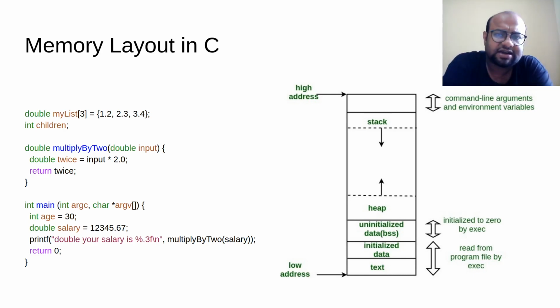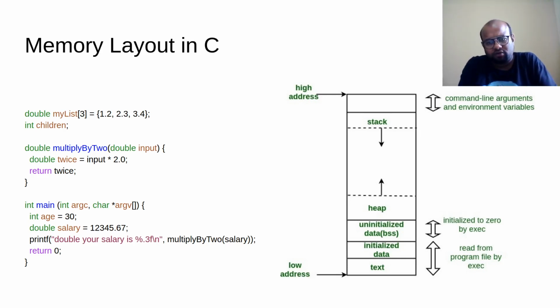But the other situation that may happen is that I may allocate a very small amount of memory, but then I may need a very big linked list that does not fit in this memory. So the problem is that once again I do not know beforehand how much memory I am going to need at runtime. I am going to know that as I run this program. So stack cannot be used.